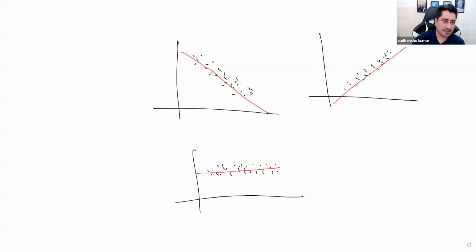Now, my data set can be anything. It may look like this, it may look like this, it doesn't matter. But what is common everywhere is that I'm just trying to generalize a complete relation, and based on that, I'm trying to draw a line.